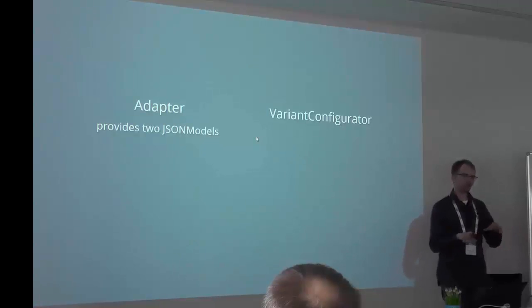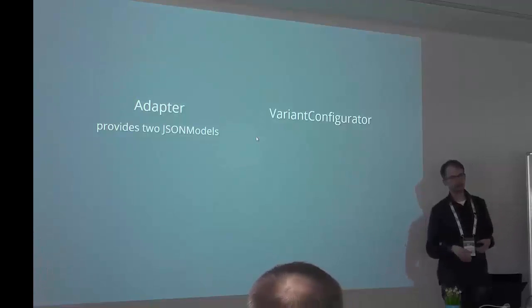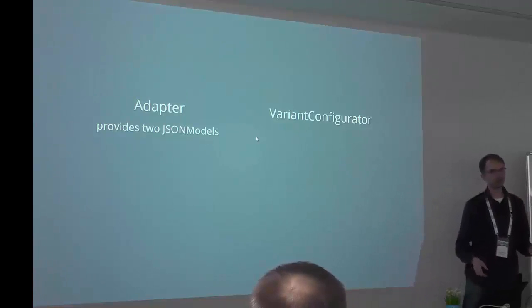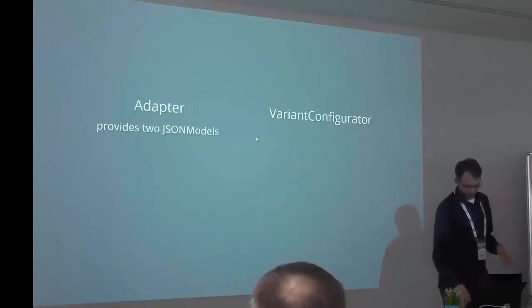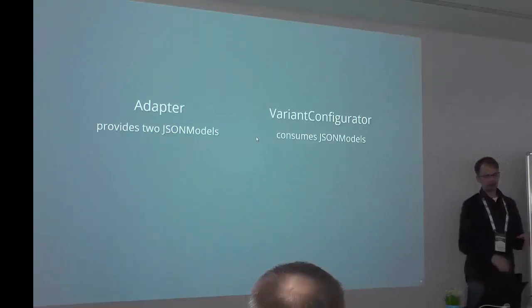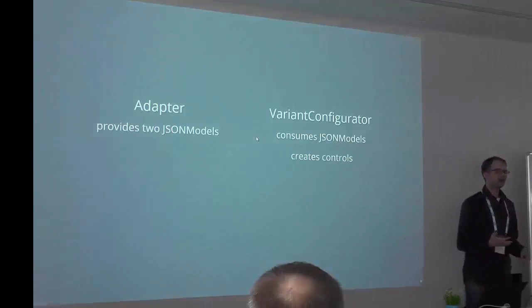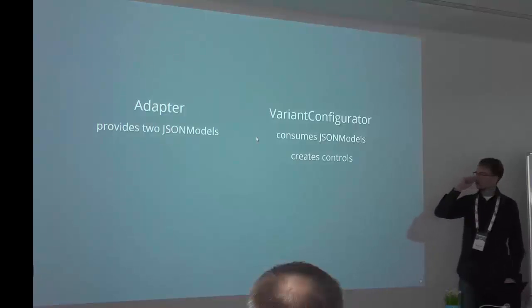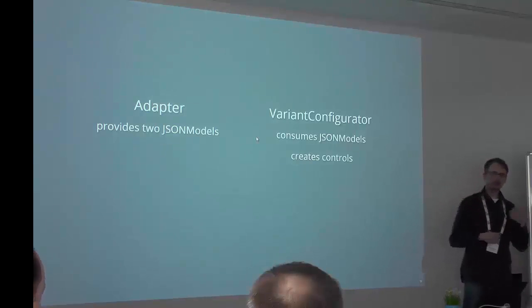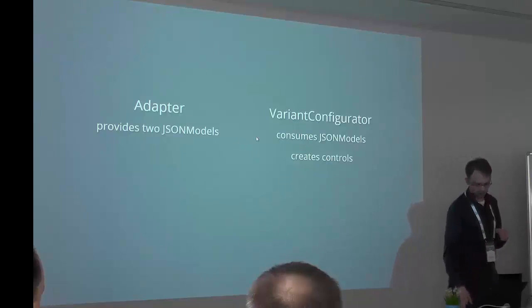So we got the selected values separated from the constant metadata, because the metadata does not change. And the view just consumes these models, generates controls out of them, and renders these controls so the user can select things.